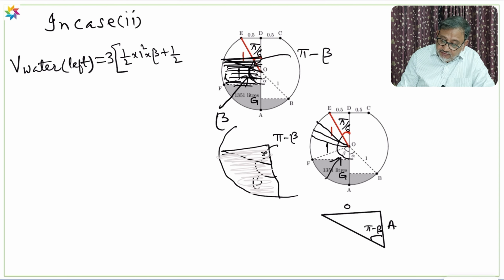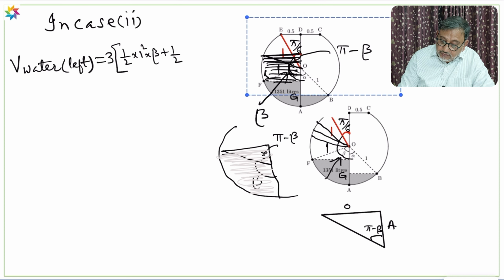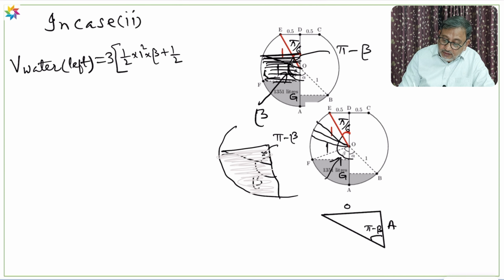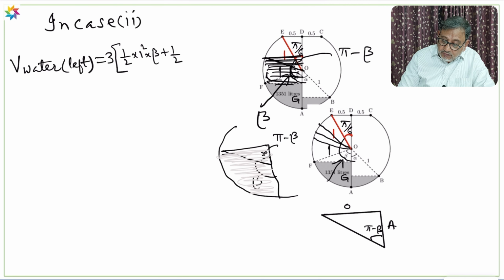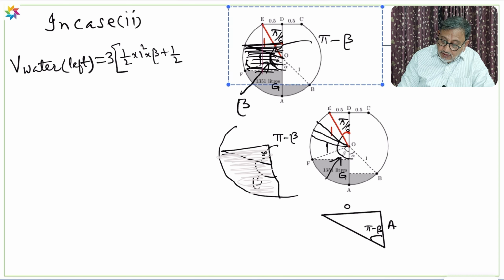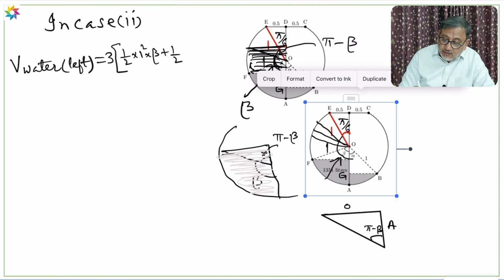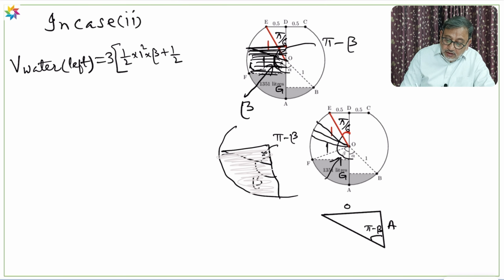I will have to move these things a little bit away from here. So sine of pi minus beta, and similarly cos of pi minus beta, right?